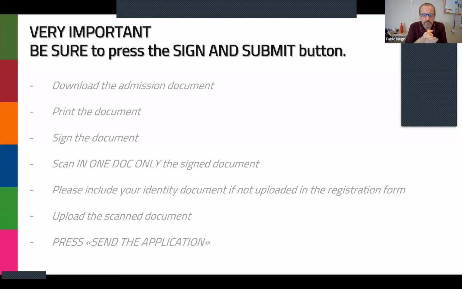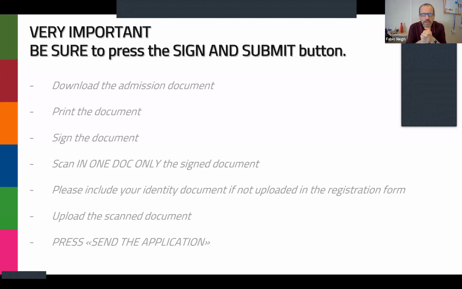So you will have to download the admission document, print the document, and sign the document. Scan the document in OneDoc only and include your identity document if you have not uploaded it in the registration form. Upload the scanned document and press send the application.